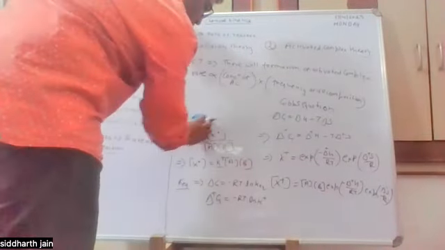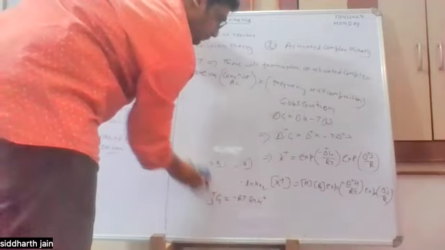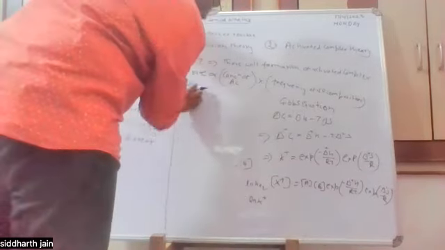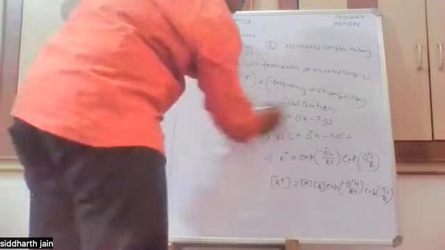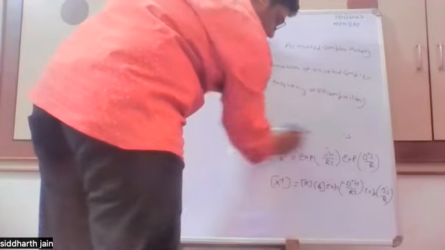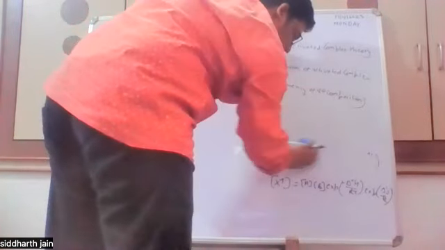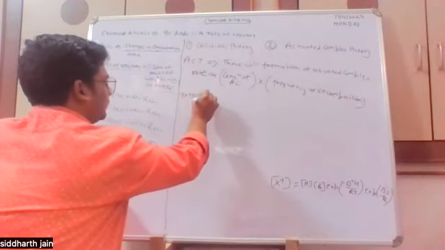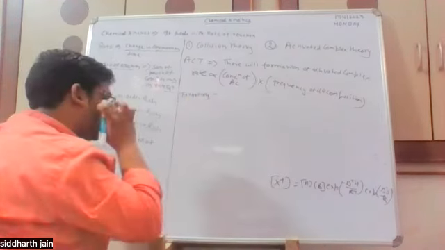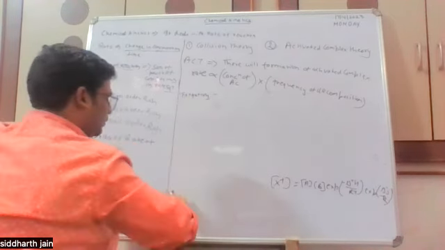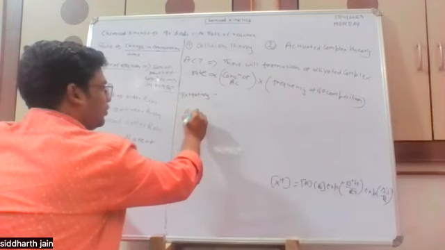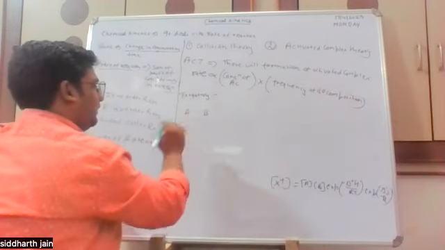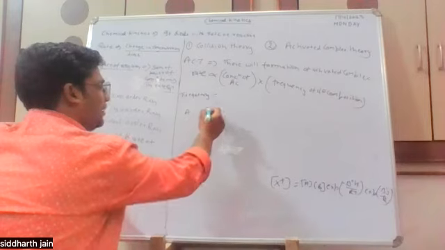Now for the frequency of decomposition. In the formation of the activated complex, we know that there will be a formation of a bond and a breaking of a bond between the molecules.